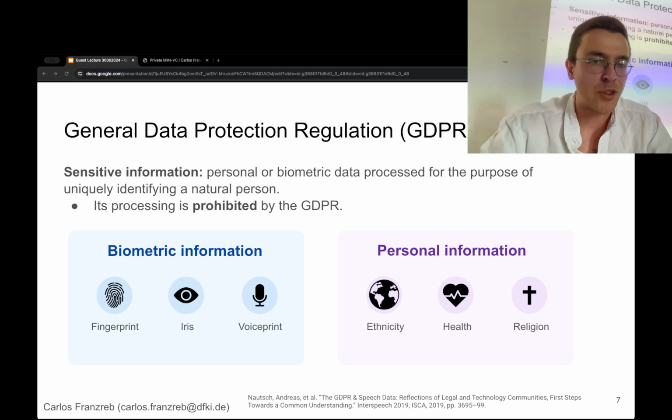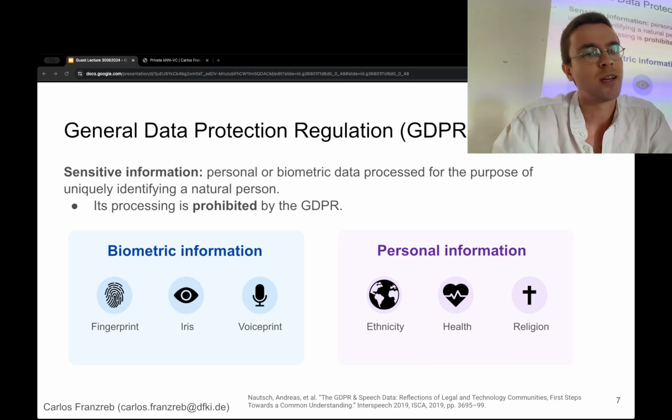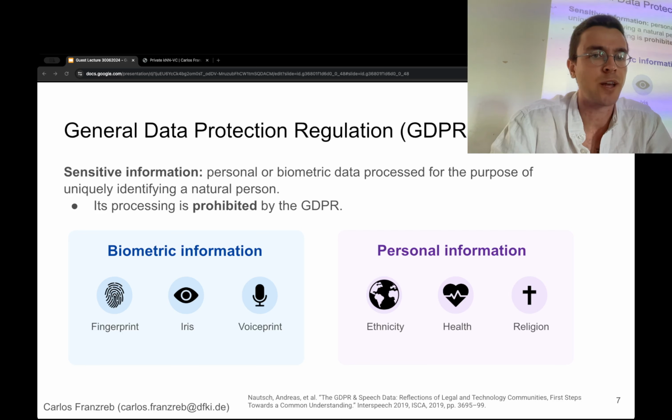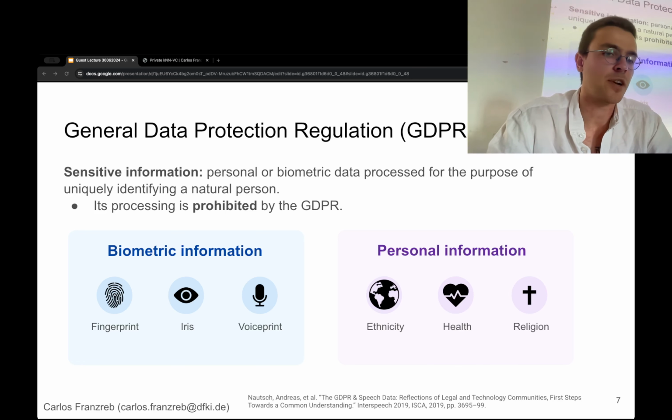And given all these recent advances in how easy it is to breach the privacy of people, the European Union launched this GDPR, this new regulation for protecting the data of people. And its main aim is to protect sensitive information. And sensitive information can be of two different natures.